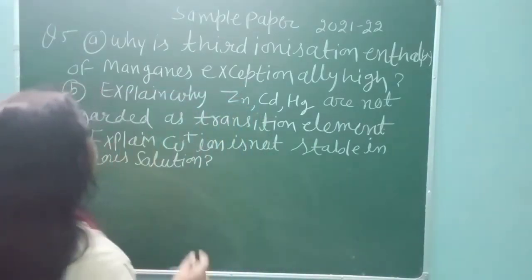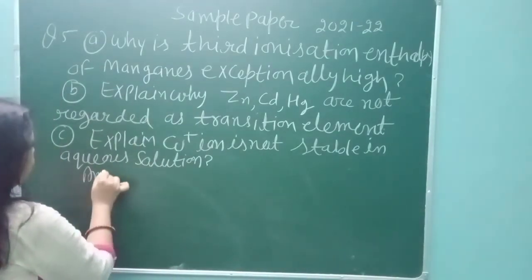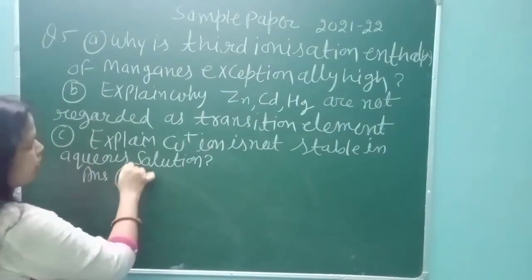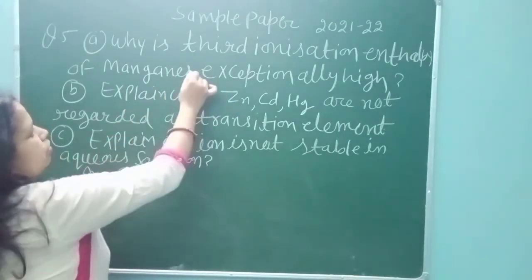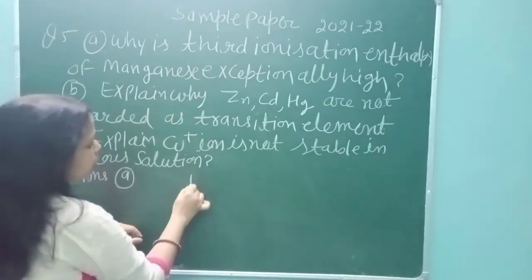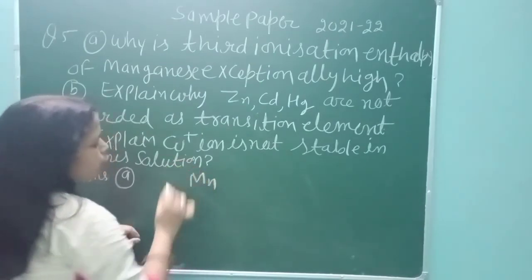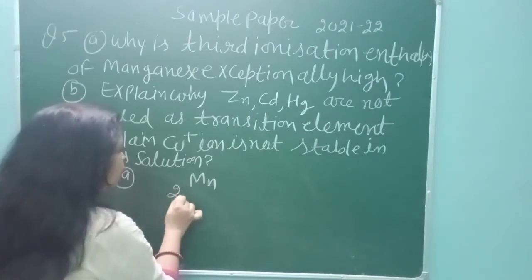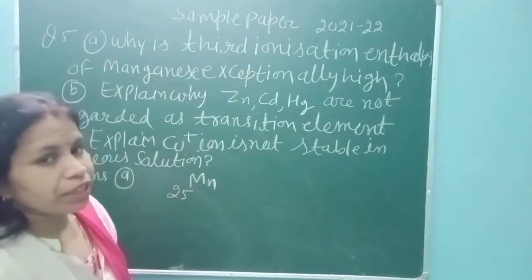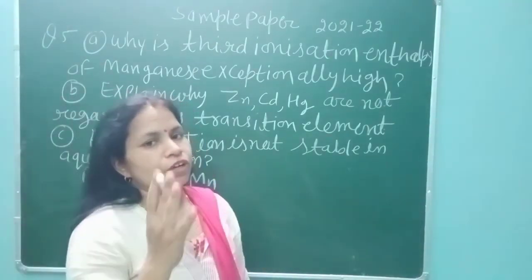कैसे लिखना है बेटा? आंसर देखो. Answer of question number 5, A part. थर्ड आयनाइजेशन एंथैल्पी ऑफ मैंगनीज. मैंगनीज का सिंबल क्या होगा बेटा? Mn. What is the atomic number? Mn 25. तो d block में हमेशा आपको इलेक्ट्रॉनिक कॉन्फ़िगरेशन लिखना है.